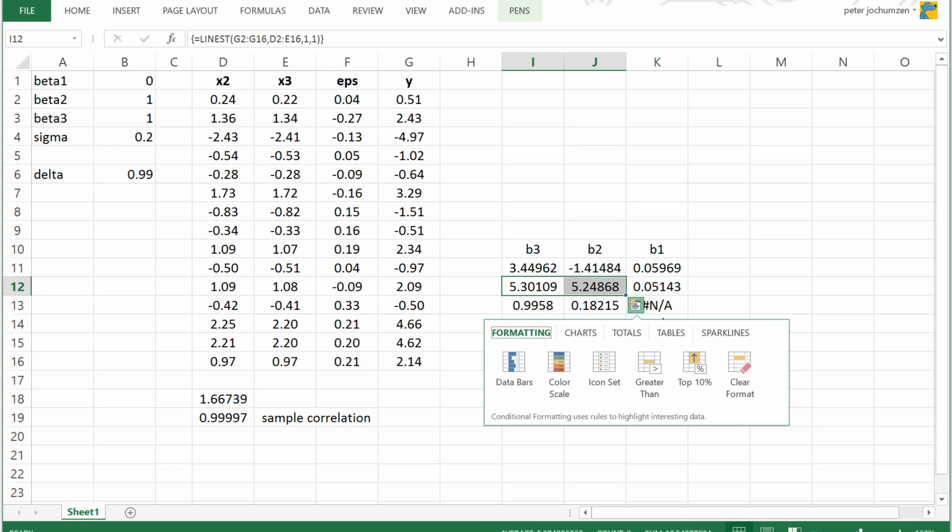Well, the answer lies in the interpretation of, let's focus on beta 3. Beta 3, remember, measures the effect on the expected value of y when I increase x3 by 1 unit, keeping x2 constant.